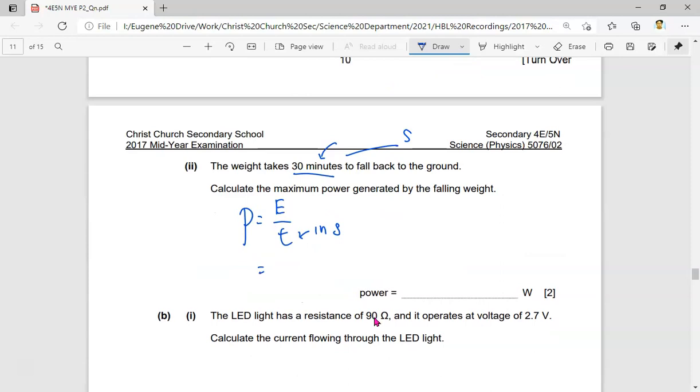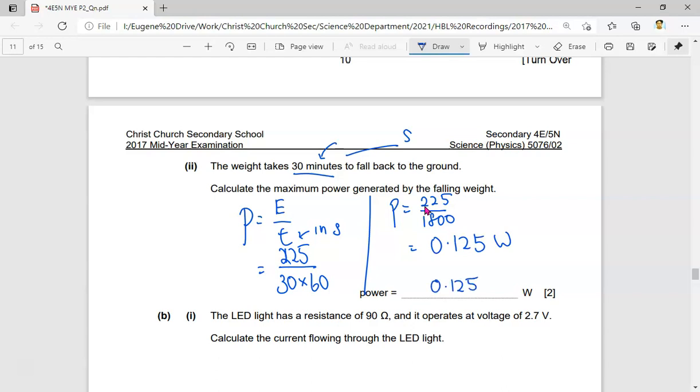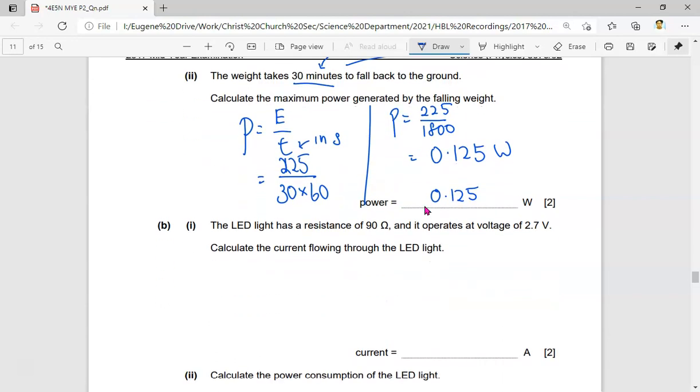So this is equivalent to energy, 225, divided by 30 multiplied by 60. So power equals 225 divided by 1800. If you press this in your calculator, what you're going to get is 0.125 watts. So power, the unit is watts, W. So 0.125 here. Another 2 marks in your pocket.